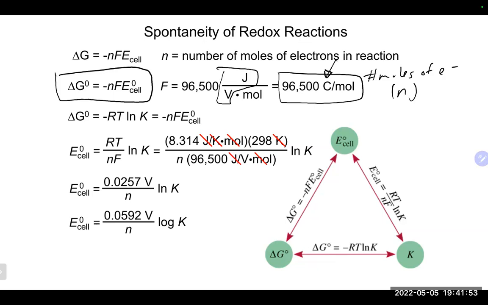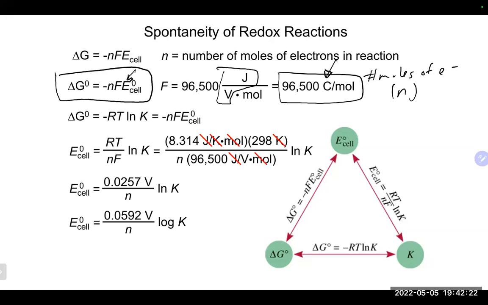So this is why, when you have a positive cell voltage, it is a spontaneous process. If we look at this equation, my E is positive, F is a positive number, the number of moles should be a positive number, which means when I have a positive E and that negative there, it's going to turn my delta G into a negative number, and a negative delta G is a spontaneous process.